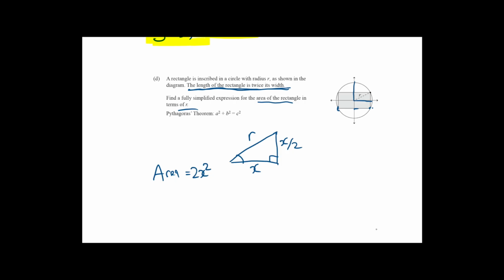Okay, so for this we'll use Pythagoras' theorem. So a squared plus b squared equals c squared. So c is going to be r. So r squared is going to be equal to x squared plus x over 2 squared. So r squared is going to be equal to x squared plus x squared over 4.